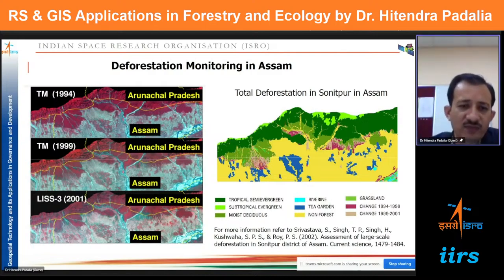In India we have a deforestation hotspot like the northeast, and we have lost a lot of forest over the years to agriculture. These were the preliminary studies which we did, and at that time we highlighted that large scale deforestation is happening. This is a case of Sonitpur in Assam, where you can see that the areas in red color were lost in a very short period of 10 years, and a lot of forest has been lost.